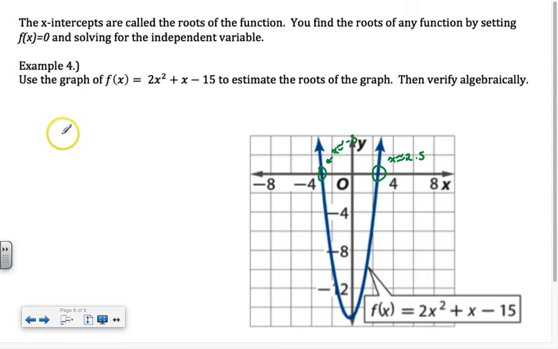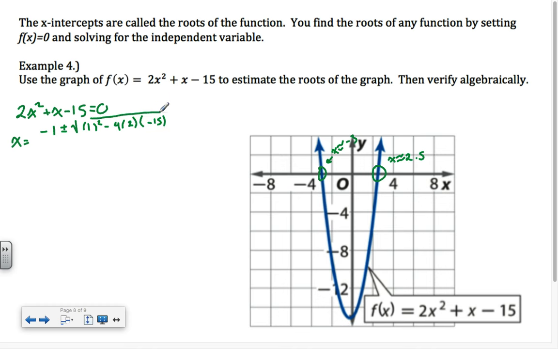If I remember my quadratic formula, to solve 2x squared plus x minus 15 equals 0, because to find the roots of any function, we take that function and set it equal to 0, I know that x equals negative b, which is negative 1, plus or minus the square root of b squared, which is 1 squared, minus 4 times a, which is 2, times c, which is negative 15.